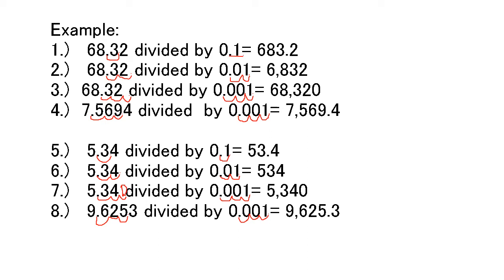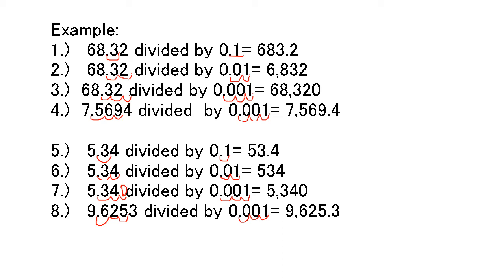Remember that any number divided by 1 is the same number. In the dividend we will also move 1 place to the right. So it becomes now 53.4 or 53 and 4 tenths.